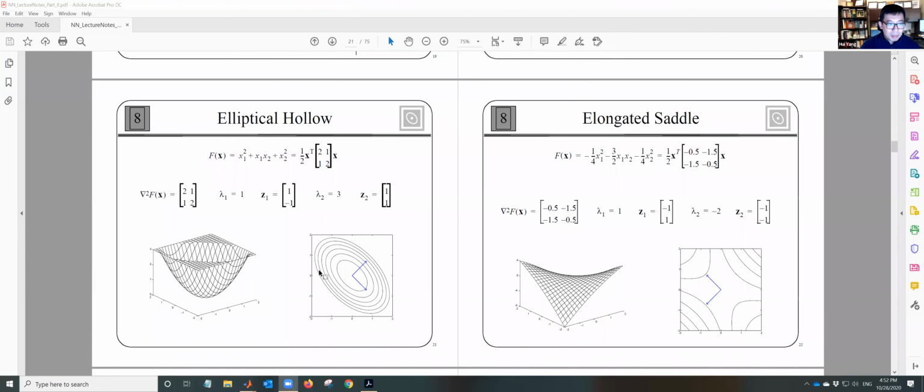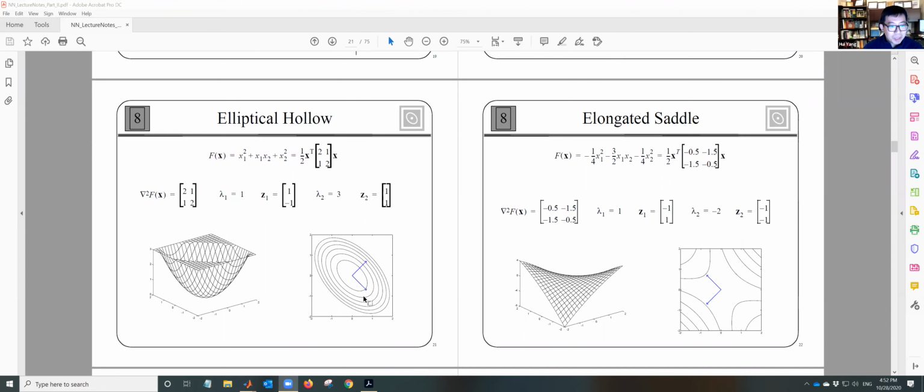Now, this is an elliptic form. You see, one is lambda 1 equals 1. The other one is lambda 2 equals 3. Now, I'm going to have a question. Let me see whom I'm going to ask. Maybe you guys volunteer.